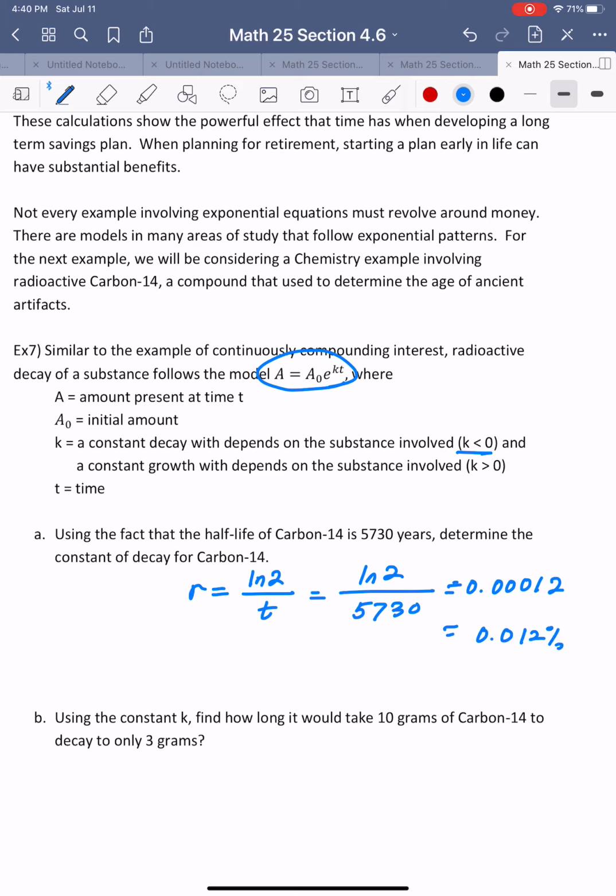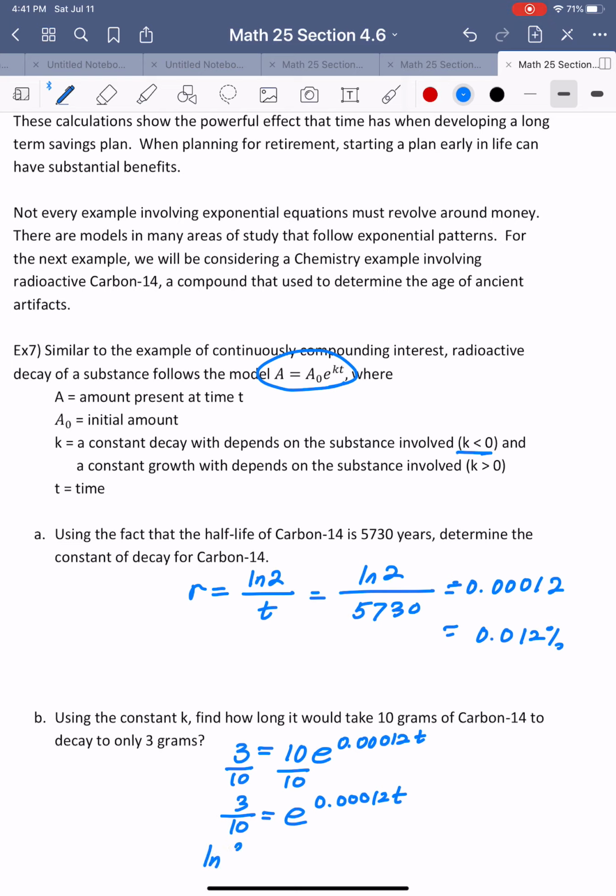Using the constant k, find how long it takes 10 grams of carbon-14 to decay to only 3 grams. So 3 grams remains, right? So you can say 3 grams left from the 10 times e to the k. We use the same constant k, right? So k is 0.00012, times t. We're looking for time, the years. All right, so divide by 10 on both sides. You get 3/10 equals e to the 0.00012 t.